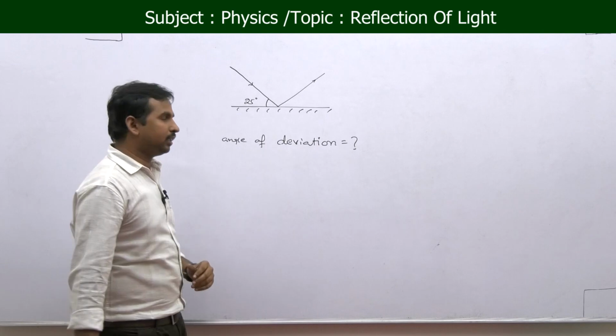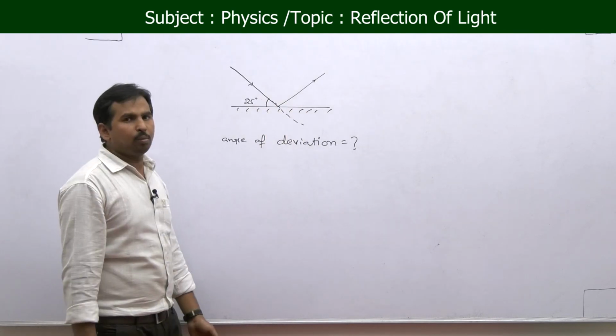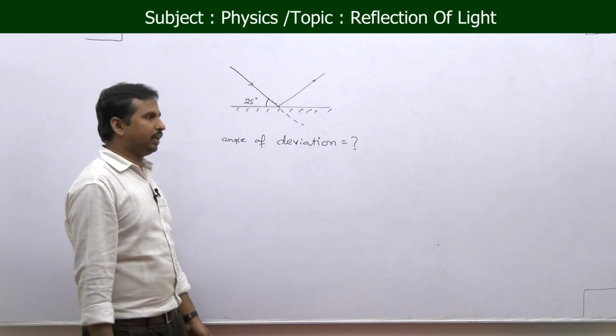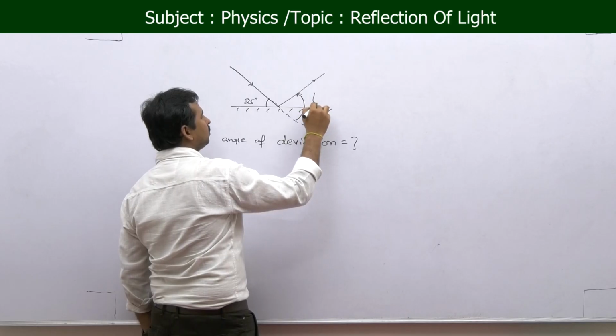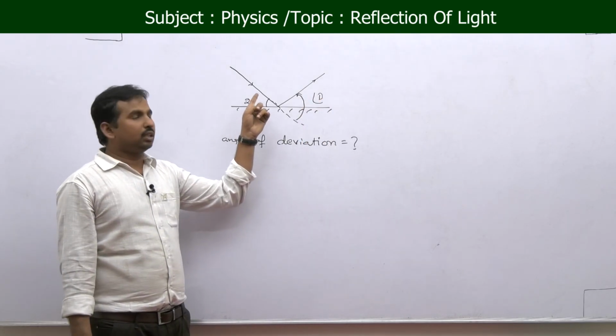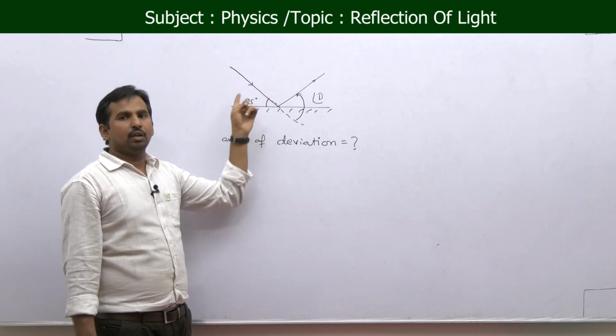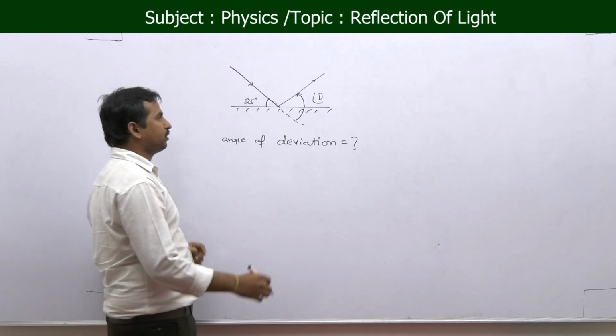How we get that is, if you extend our incident ray, then how much the light ray is deviating gives you the angle of deviation. This is called angle of deviation. It is given that the light ray is making an angle of 25 degrees with the surface, so that is our glancing angle.